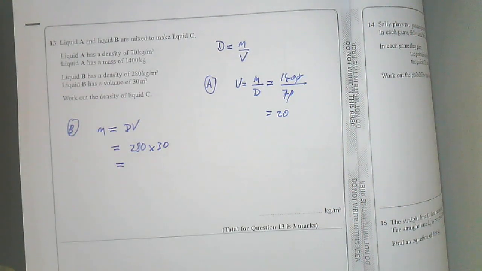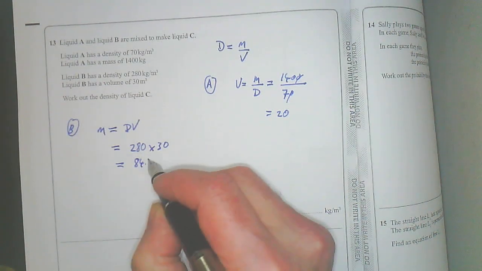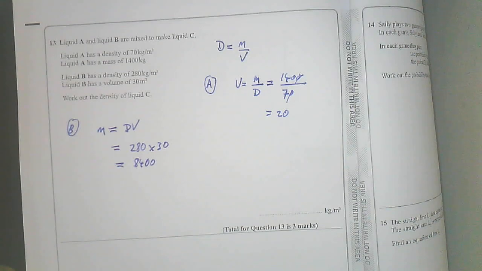So we need to do 30 times 280, which is 84, and then there are 2 zeros. So that's the mass of B.